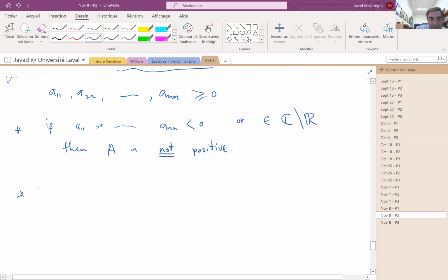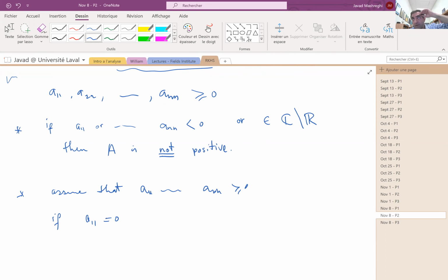Second, assume that all of them are positive. If one of them, say A11, is equal to 0, anything on the diagonal equal to 0, the first result tells us that everything in the column of that element and in the row of that element must be 0.